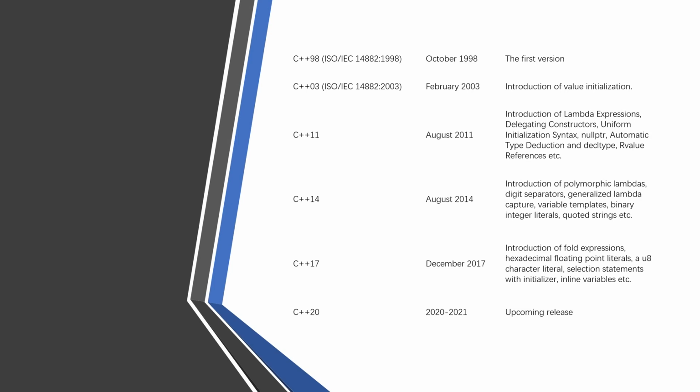It updated many language features and, most importantly, brought many new things into the standard library. For example, many special mathematical functions, the file system library, and the library we're going to use for our demonstration today, a parallel version of STL. We will explain that later.